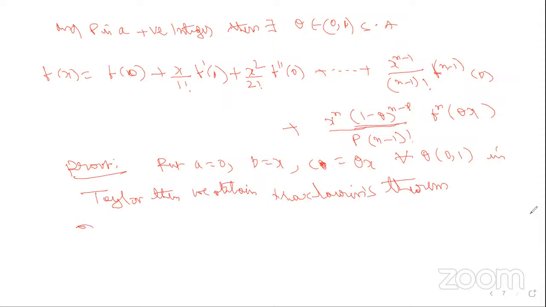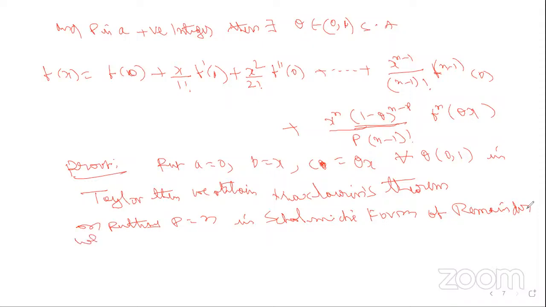On putting p equal to n in the Schlömilch-Roche form of remainder, we get the Lagrange form of remainder.